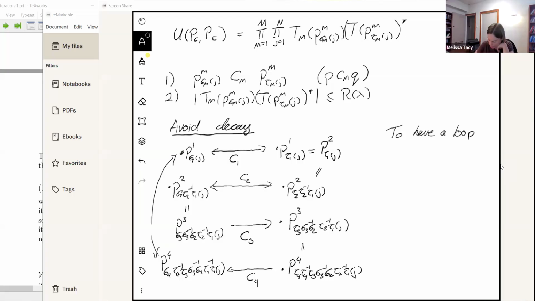So that would give me that sigma 1 of j is equal to this address, sigma 4 inverse tau 4 tau 3 inverse sigma 3 sigma 2 inverse tau 2 tau 1 inverse, applied to j. Or to express it in terms of the identity, this thing. And this is what I call my loop condition.